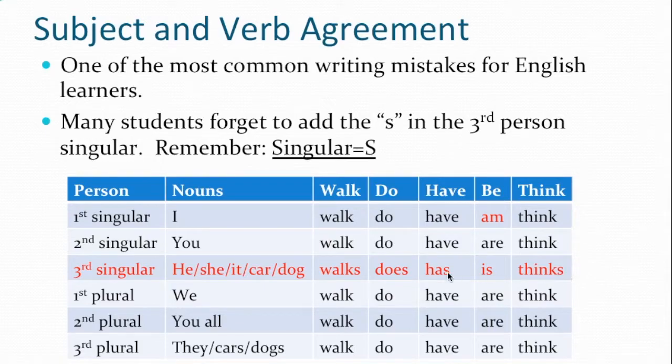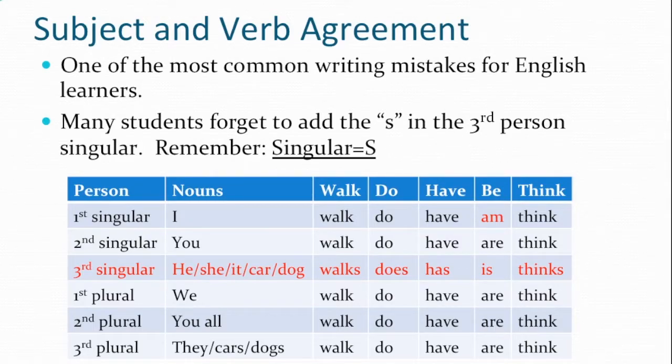So a lot of times people forget that the third person singular can include many different subjects. For example, there is, that is, and this is. They'll forget and they'll leave it as this are, which is incorrect.